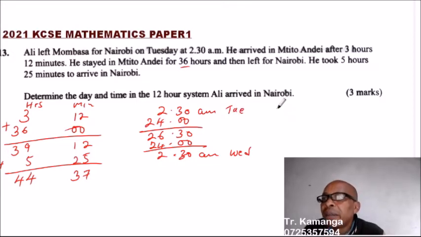Then because you had taken 44 hours 37 minutes, you subtract 24 hours, and you'll be left with 20 hours 37 minutes.